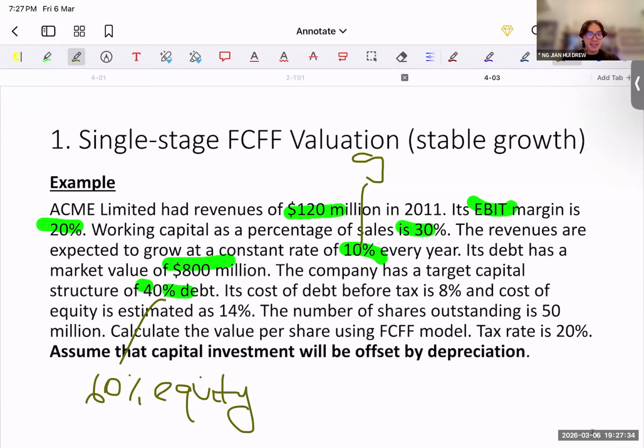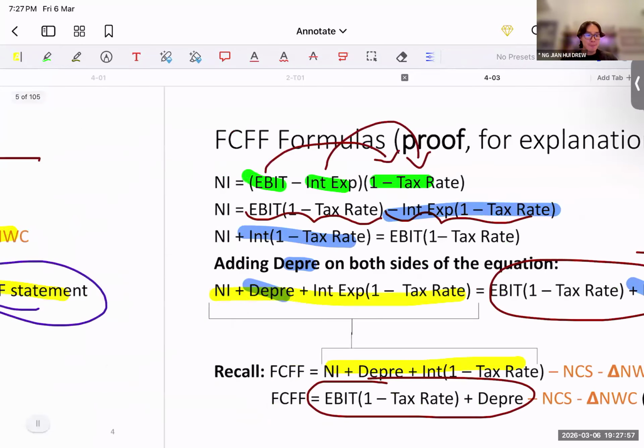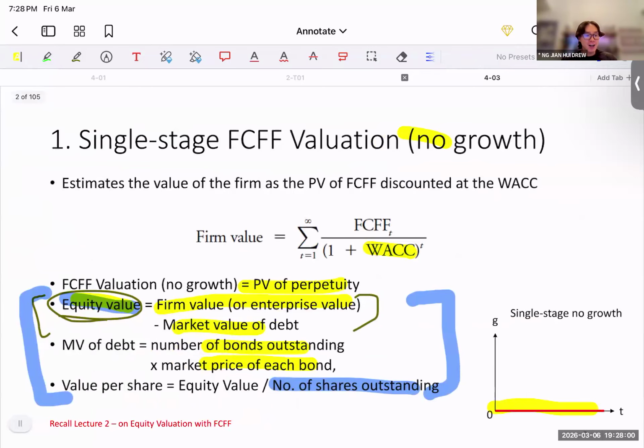The cost of debt is 8%, cost of equity is 14%, and the number of shares outstanding is 50 million. Calculate the value per share using the FCFF model. Hopefully you can remember in the first slide that we discussed the formulation of how we calculate value per share. So this is what we want to find: value per share using the FCFF model.